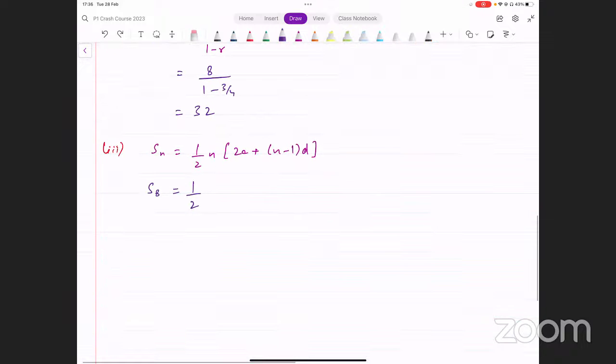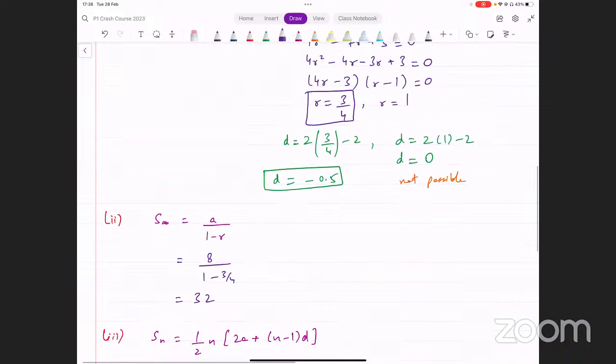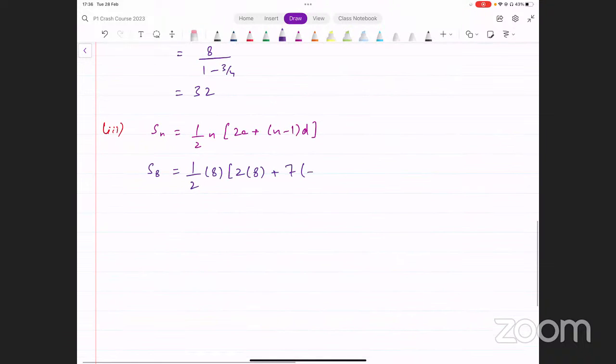So in place of n, we could input 8. This multiplied by 2 times a, the first term, which is also 8, plus n minus 1, which means 7. 8 minus 1 is 7. Into the difference that we found here, which was minus 0.5. Just evaluate this and see what you get.